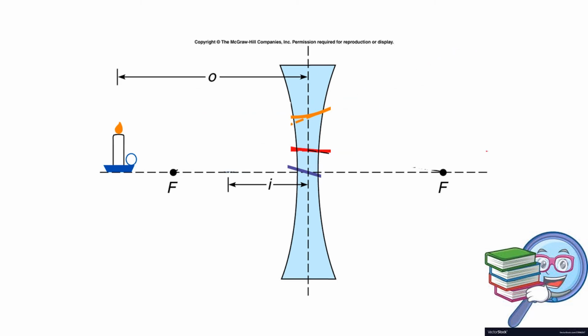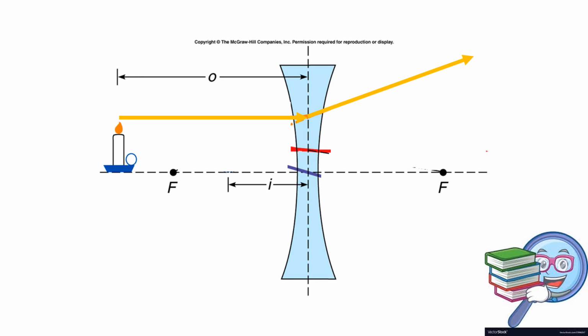Let us describe each ray in the ray diagram for a diverging or concave lens. Suppose we place an object on the left side of the lens. Ray 1, coming from the object, traveling in a straight line parallel to the principal axis, will be refracted towards the thicker side of the lens.